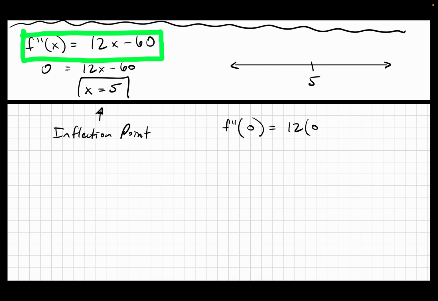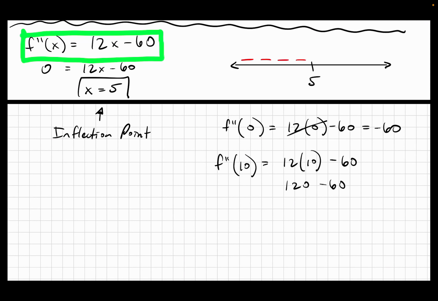So 12 times 0 minus 60, that's just going to be negative 60. Bigger than 5: 6, 7, 10. I'm going to pick 10 since it's a nice round number. It's easy to multiply times 10. 120 minus 60 is positive 60.